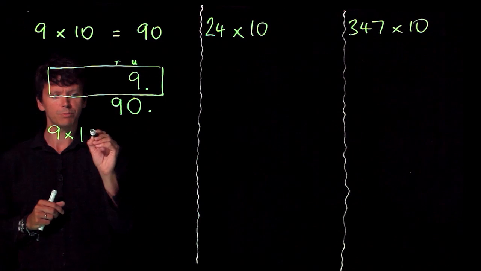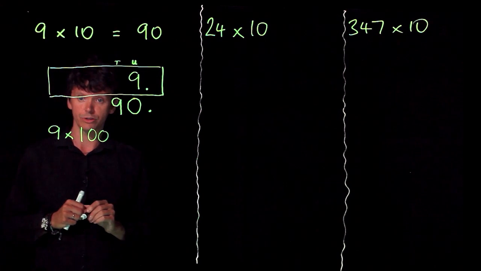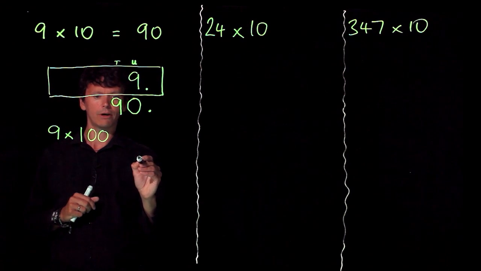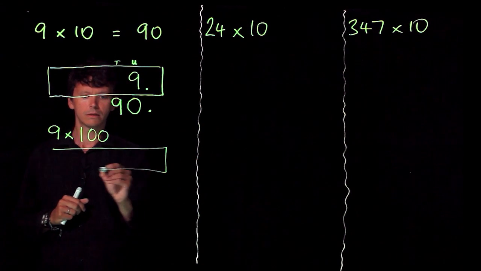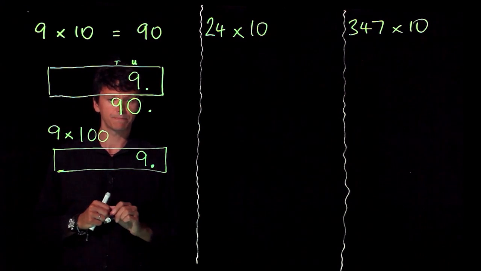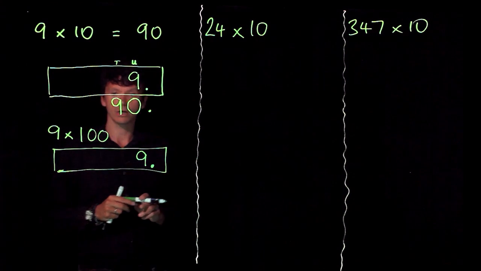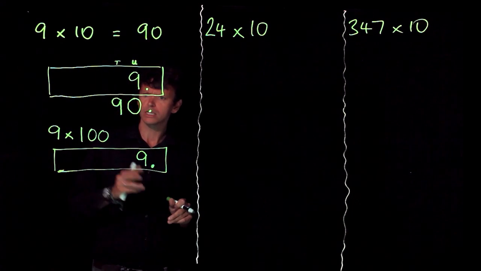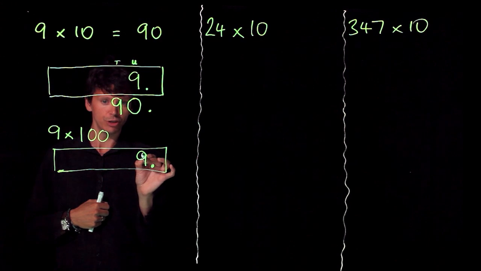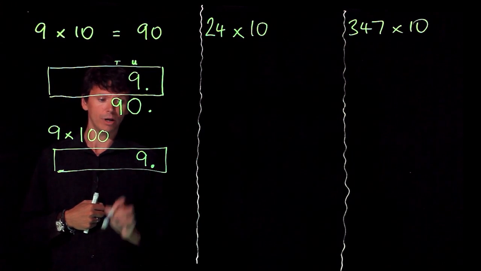Okay, we can use that approach now when we start to look at slightly more complex examples. So 9 multiplied by 100. Again, let's consider how it would look here on the calculator screen. There's our 9, our decimal point. Now this time we're multiplying by 100. Any unit you multiply by 100 is going to become 100.